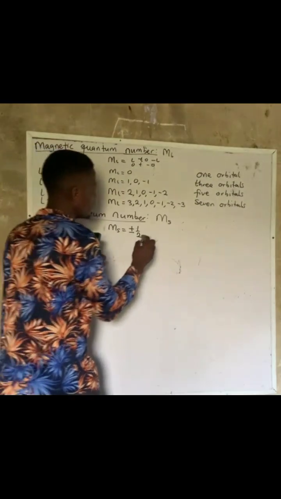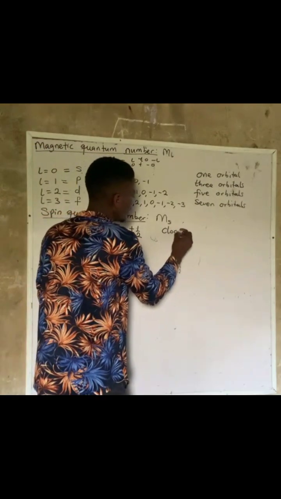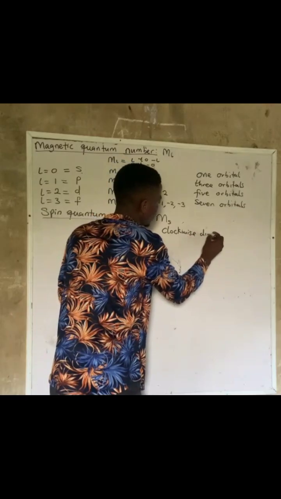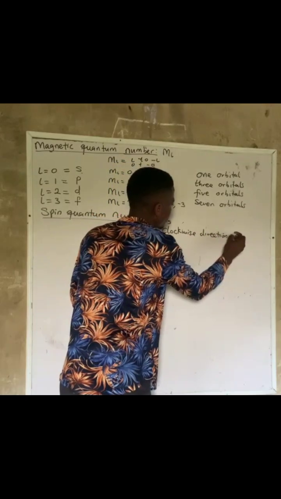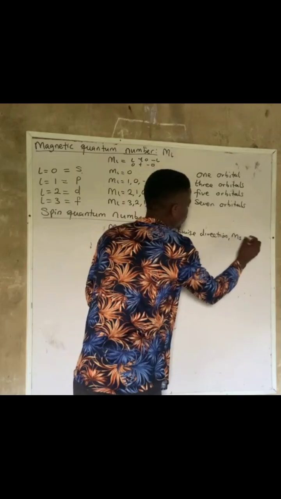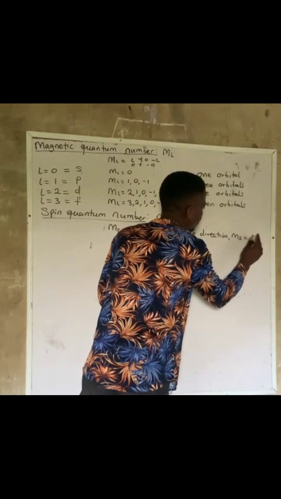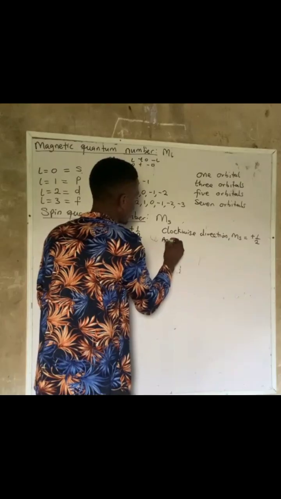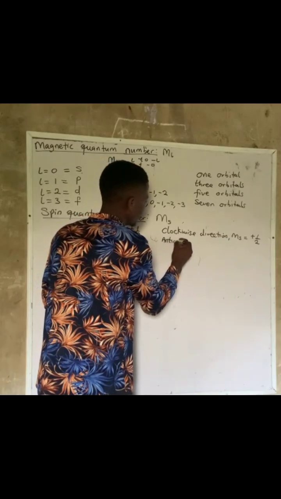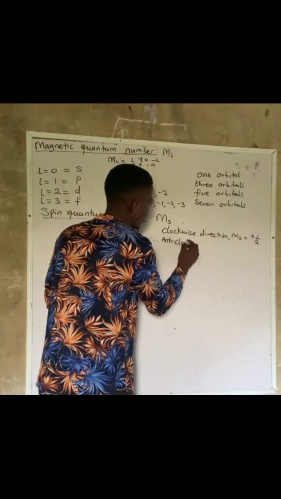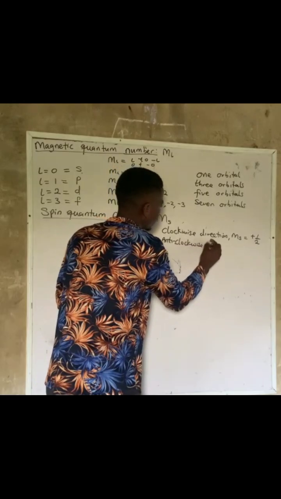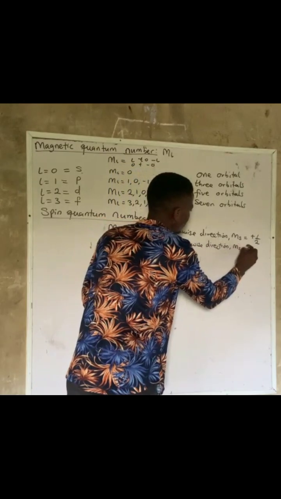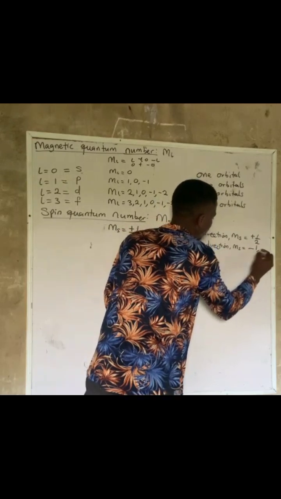That is, when the electron moves in a clockwise direction within an orbital, m_s equals plus 1/2. When the electron moves in the other direction, m_s equals minus 1/2.